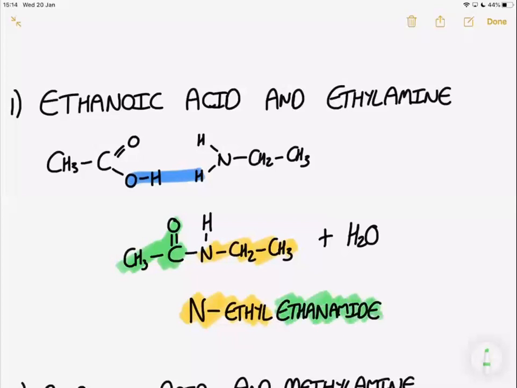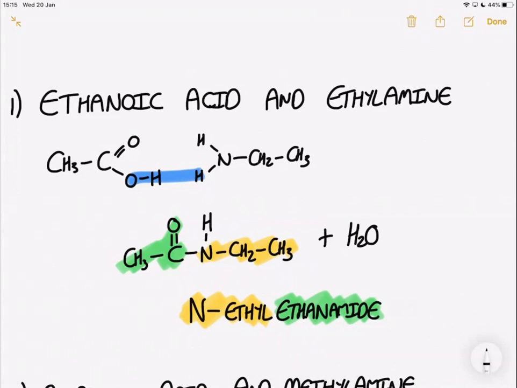That part of the name corresponds to that section of the molecule. Again, this is a bit like naming esters, where you've got two components to the name, one of which is derived from one of the reactants, the amine, and the other one is derived from the other part of the reactants, which is the carboxylic acid.